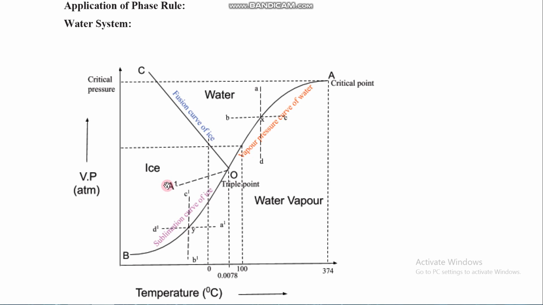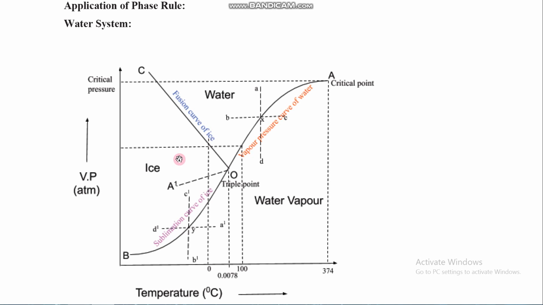So, this is one area, this is another and this one is another. In each area there is a single phase: here vapor phase, here liquid phase and here solid phase. When you apply the phase rule for the significance of area, the equation is F = C - P + 2.